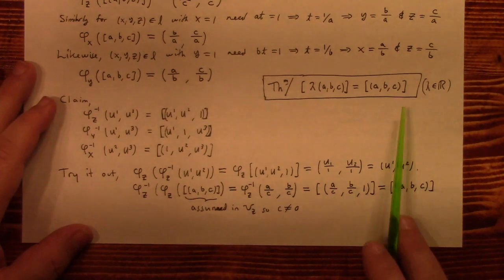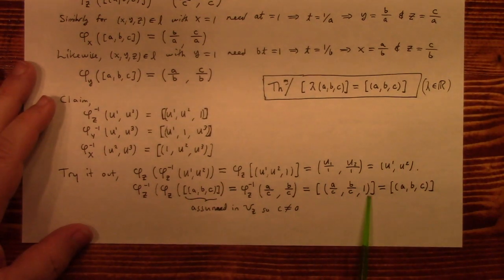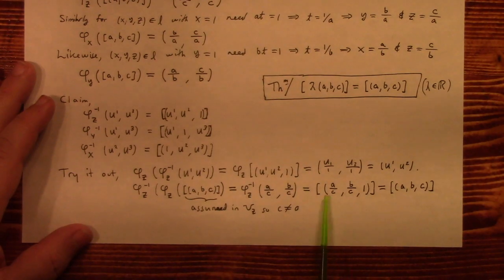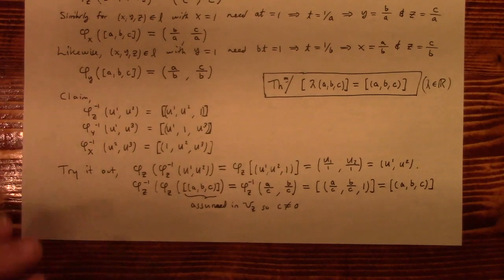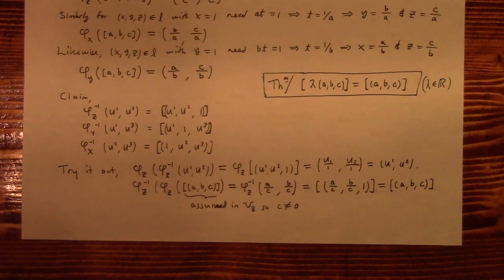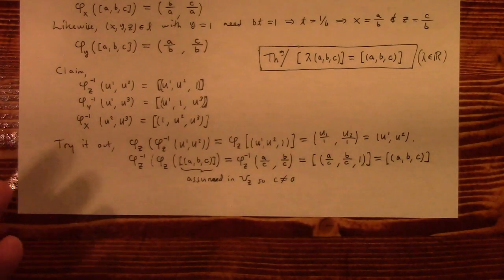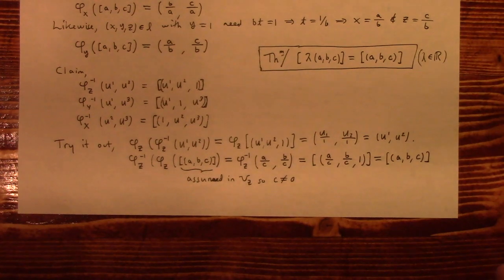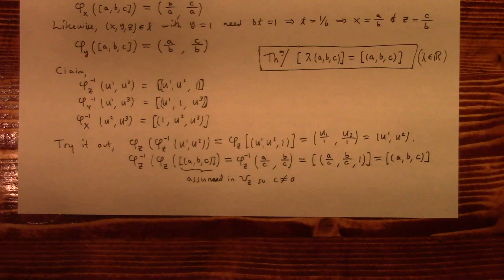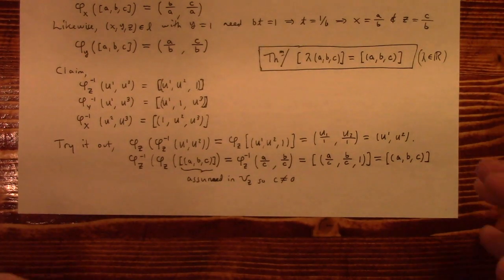And then we use the theorem: that's equal to that, because I can just multiply this by C and I have the same line, right? We can choose a direction vector for the line by rescaling the direction vector if we so desire. So there you go. There's proof positive that we have 3 charts for the real projective plane, and in fact they have inverses. We have formulas for them.